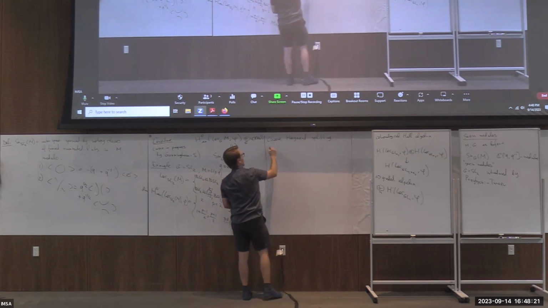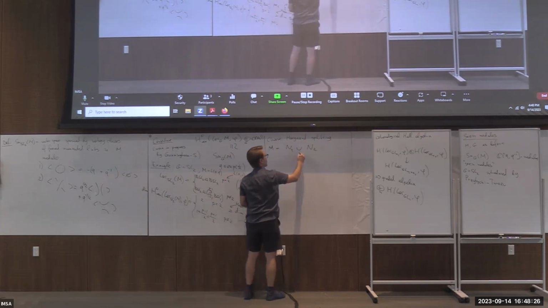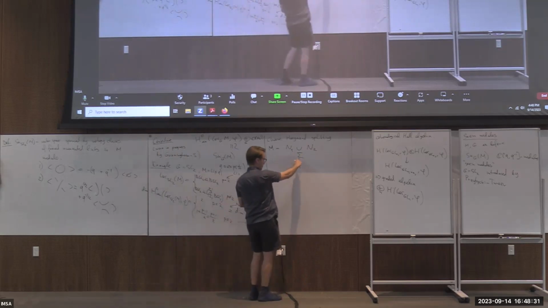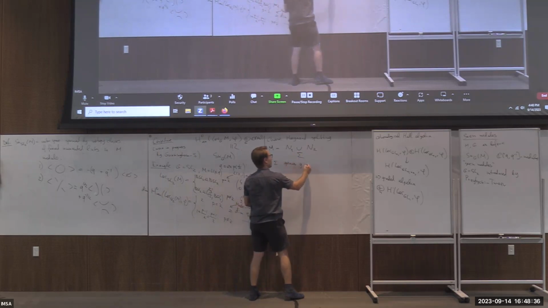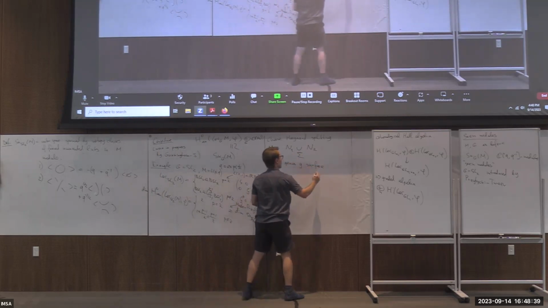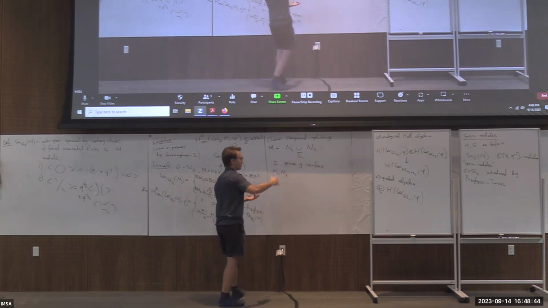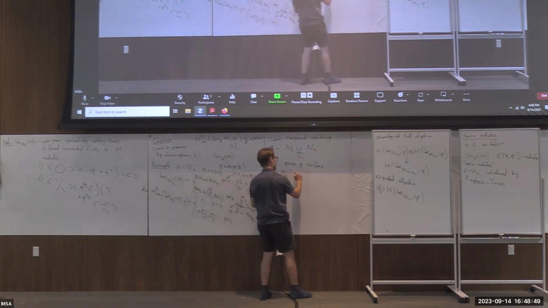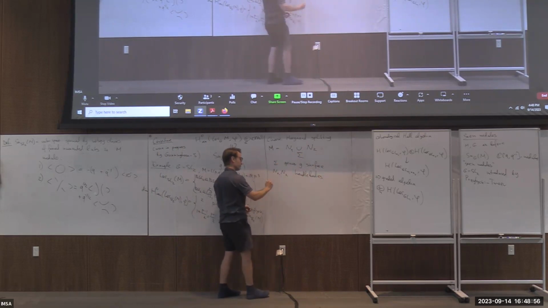We're going to write my closed 3-manifold as a union of 2 handlebodies along some Riemann surface, some surface of genus g. And you can think of these as the interiors of the genus g surface embedded in R3. These are the handlebodies, with boundary sigma.